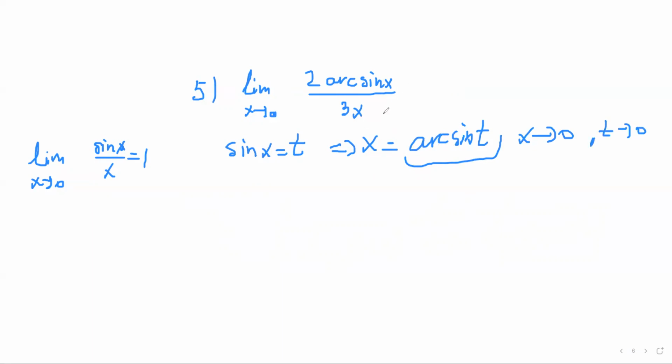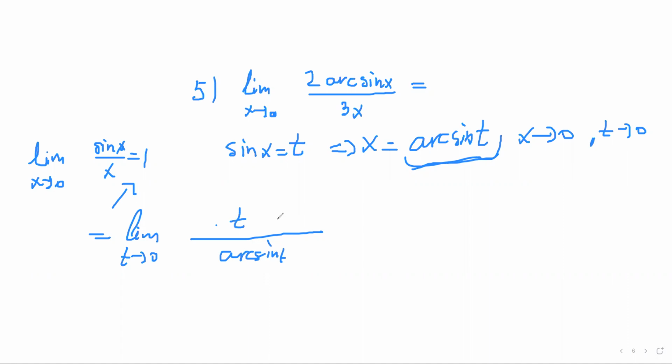In this case, our limit becomes the limit as t tends to 0 of 2 times arcsine t. Let's write this first to keep it clear: x is arcsine t, and sine x is t.